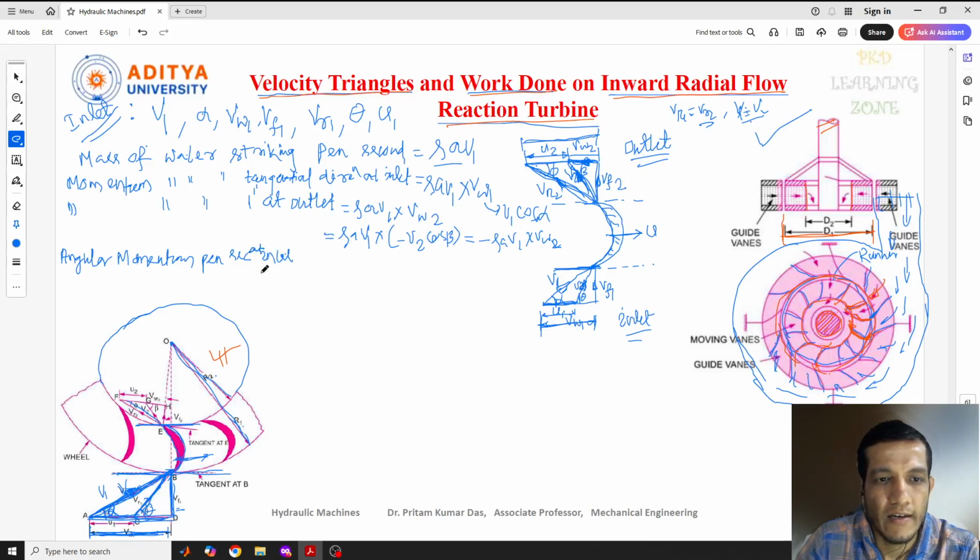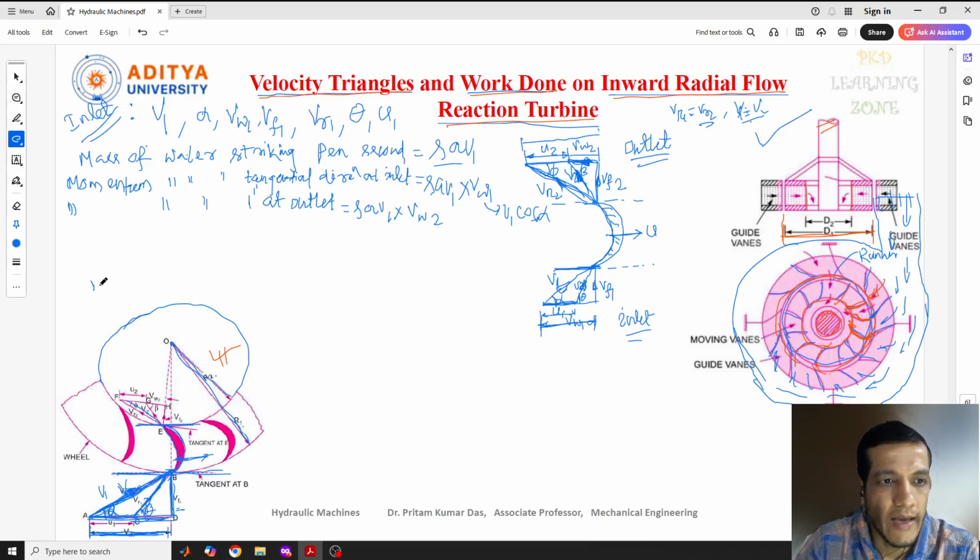At inlet condition, the angular momentum is the momentum we have calculated into the radius, which is R1. So this can be written as rho a V1 into VW1 into R1. This is the angular momentum per second at inlet condition.